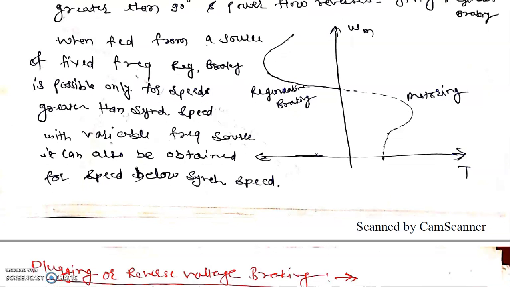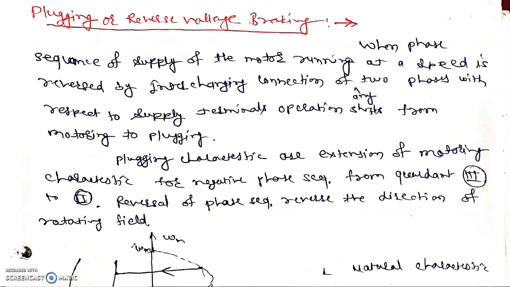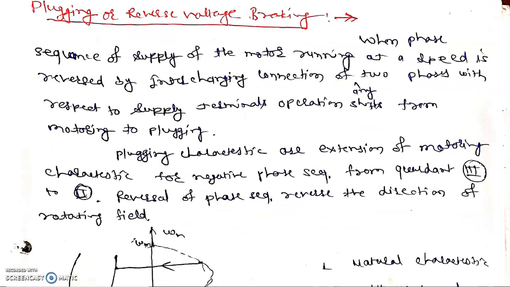The second method for braking is plugging or reverse voltage braking. In this method, the phase sequence of the supply of the motor running at a speed is reversed, means the reverse voltage is applied by interchanging the connection of any two phases with respect to the supply terminal voltage.